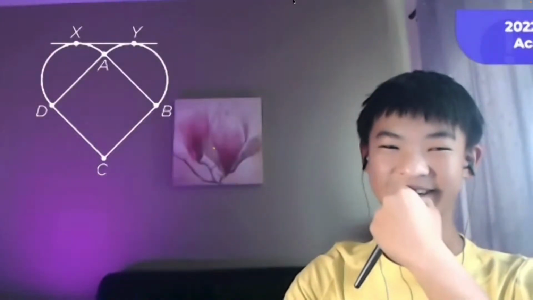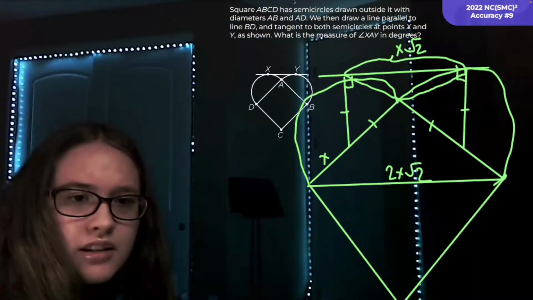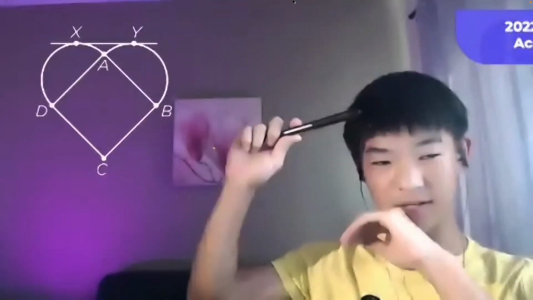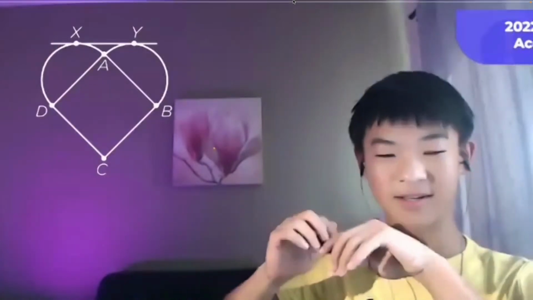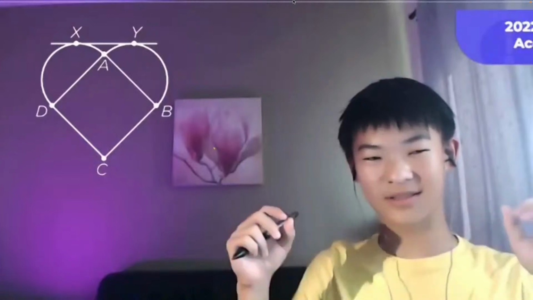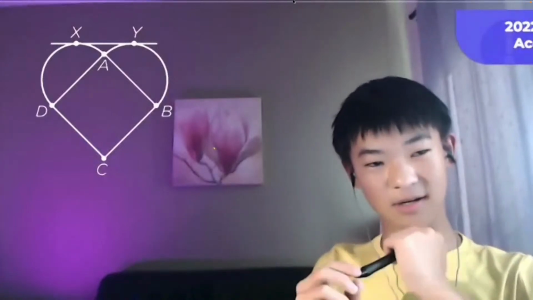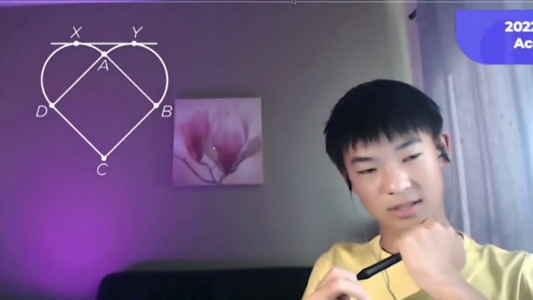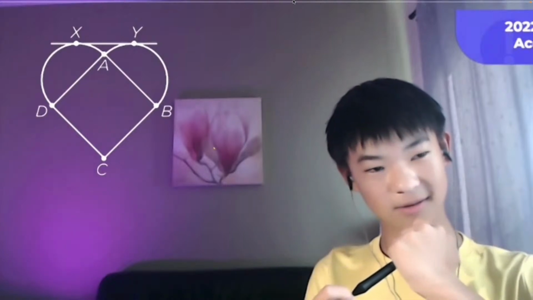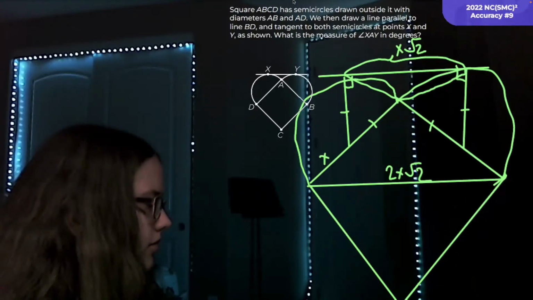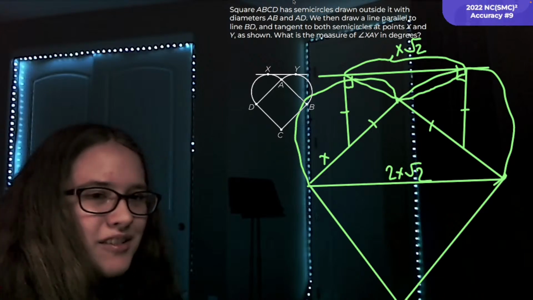Megan, I have an idea. What if we connected the points, draw the parallel line to DB and XY, but that passes through the two points where the circle centers are? And then since we have a square, maybe we would have 45-degree angles. Sorry, can you say it one more time?